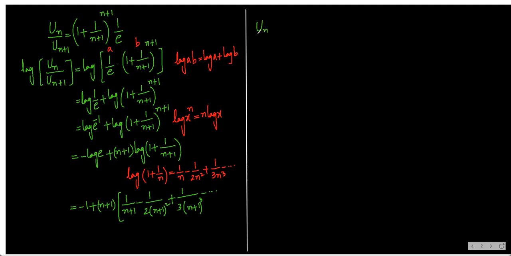u_n by u_{n+1}. Very important question, from the last 2 years onwards, continuously this question is being given. n+1 cancels, +1 we are getting, and if I multiply n+1 with the square term, my answer is -1 by 2(n+1). Then plus 1 by 3 times (n+1)², since cube minus one term cancels, the square is left out.